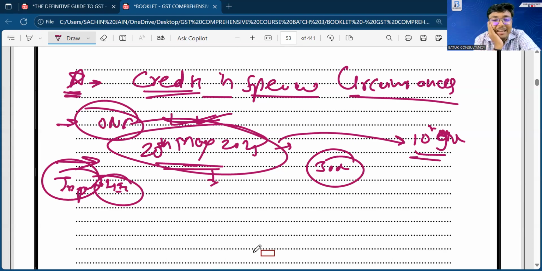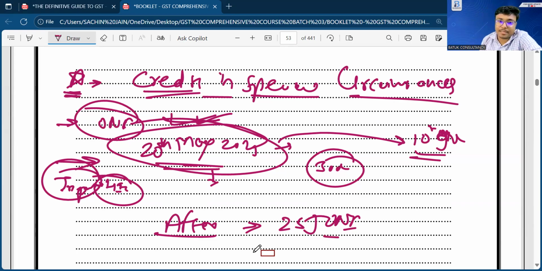But sir, suppose I have not applied for the GST registration within 30 days, I am applying after 30 days. Suppose I am applying on 25th of June, after 30 days. In that case, what will happen with input tax credit?